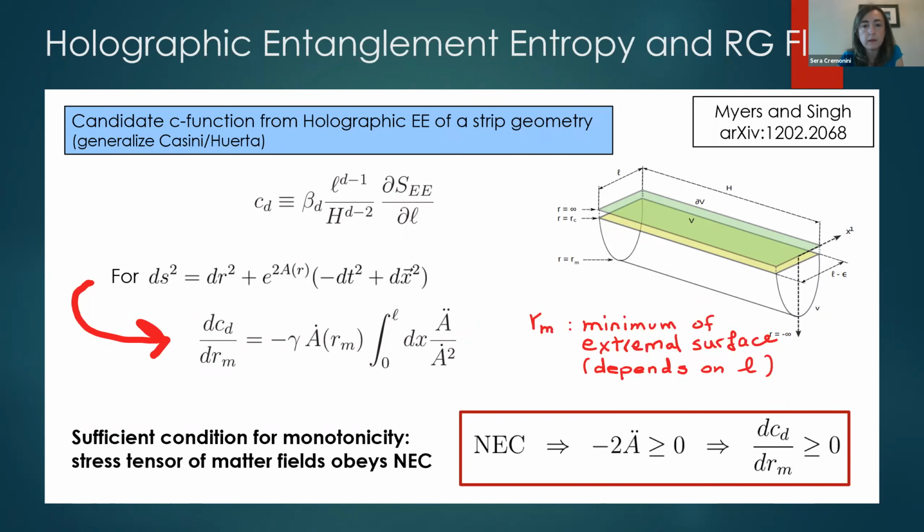So again, if you impose a null energy condition, then you get automatically that this C function is monotonic, as they pointed out. So this is another way in which you could see the relationship between all these quantities, the monotonicity of the superpotential related to the monotonicity of these C functions.